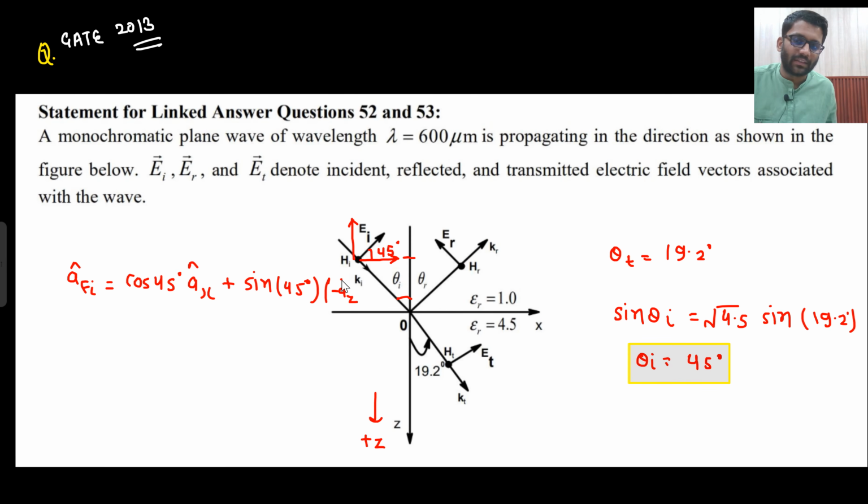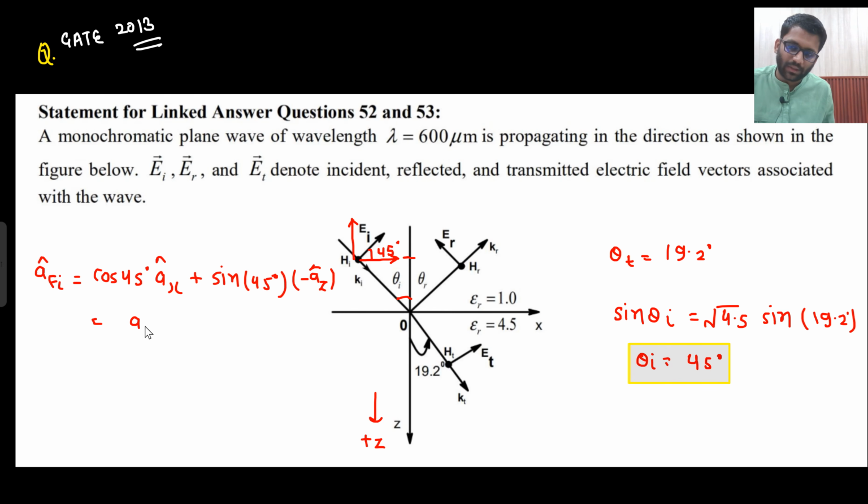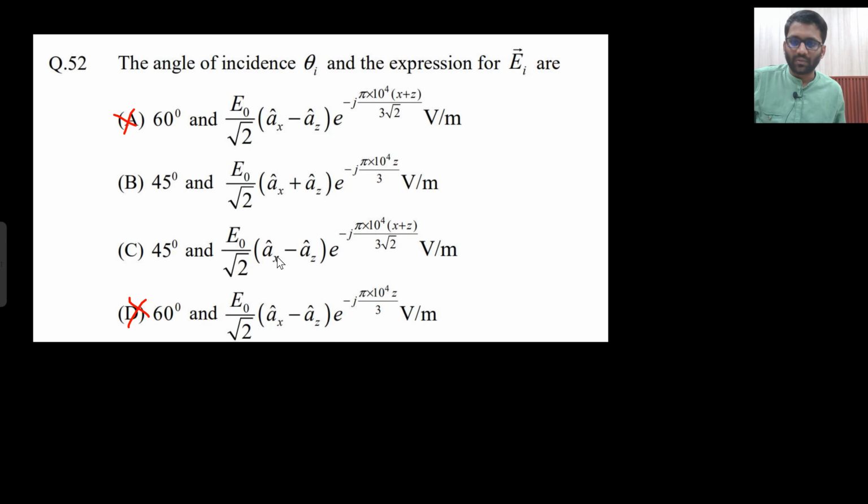So what answer is coming? AX cap minus AZ cap divided by under root 2. So the electric field has this direction. So AX cap minus AZ cap divided by under root 2. So this option is correct.